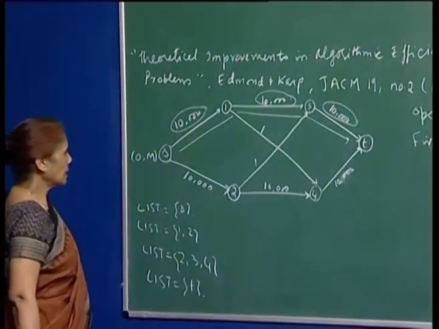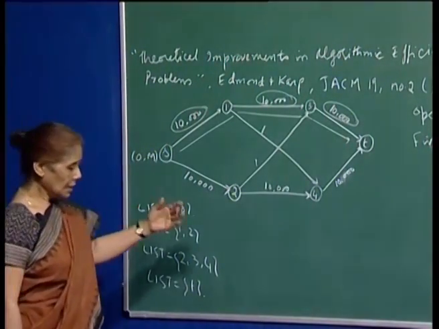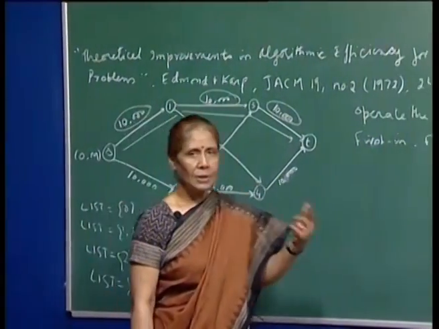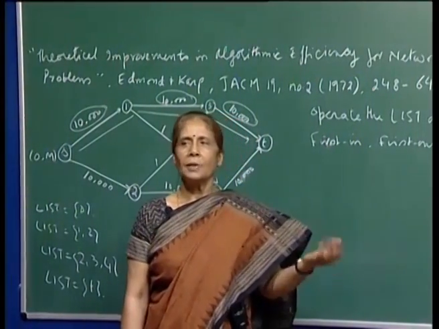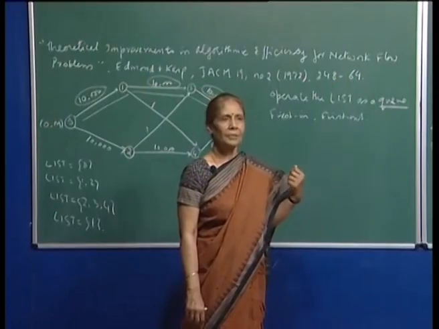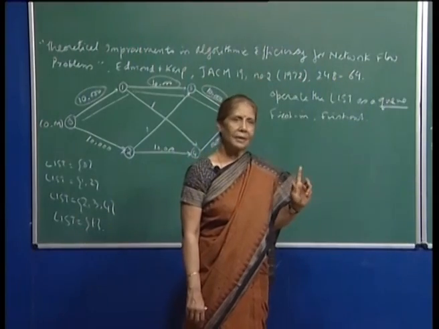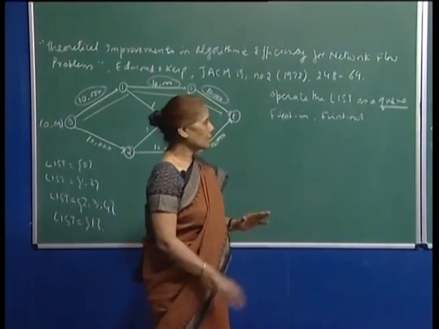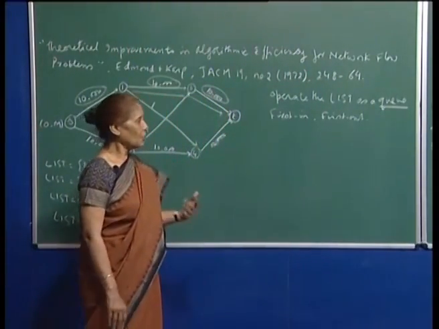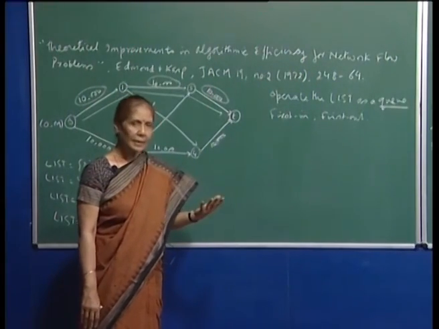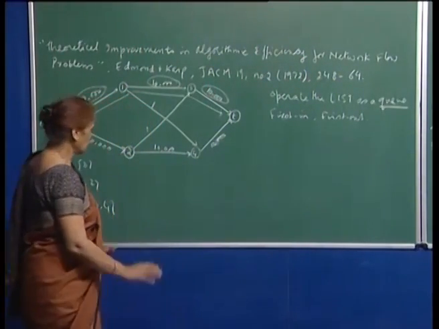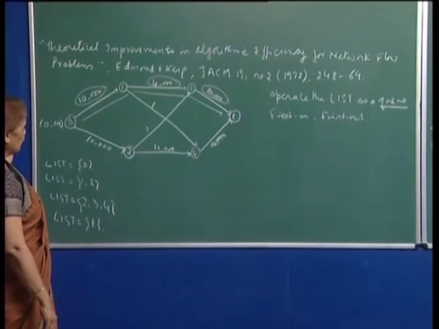And now, I start scanning again. So, you see here also, as soon as one augmenting path is found, they are going back to a fresh labeling. So, that defect still stays, that you are not finding more than one augmenting path in one iteration. Therefore, the later algorithms make an improvement on it.